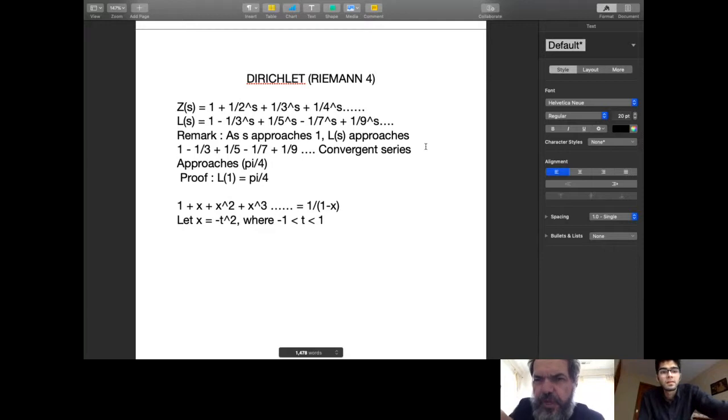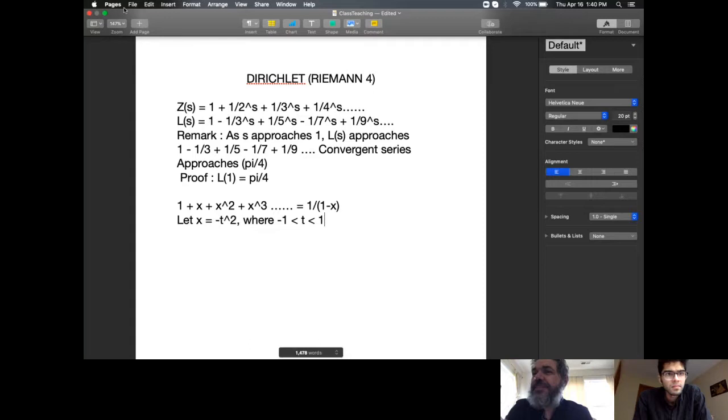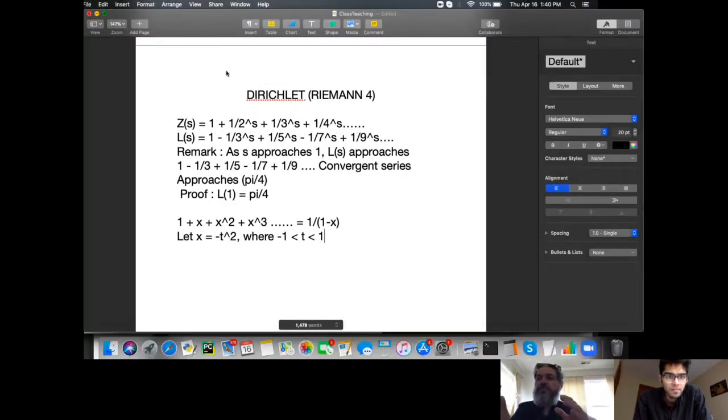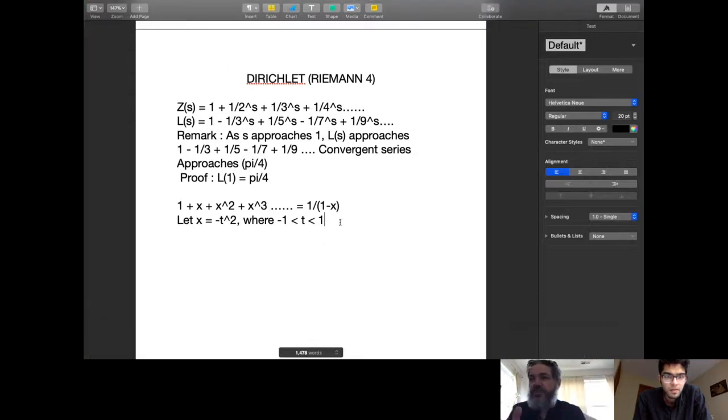Before going any further, I want to see what I can say about this x. If t is between -1 and 1, t squared is positive or 0, but it's less than 1. So minus t squared is between -1 and 0. I just wanted to make sure that our x, that's minus t squared, is in the proper interval, so we can substitute. So indeed, this is less than or equal to 0.